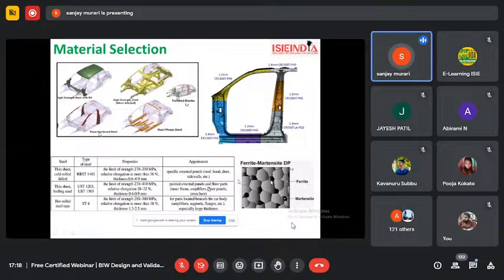Initially the austenite will be in the form of FCC, face-centered cubic cells, and when it comes into martensite, it will convert into a hexagonal close pack cell. HCP has a higher atomic packing factor, so that is the reason martensite provides good strength. Such high strength material we can use.